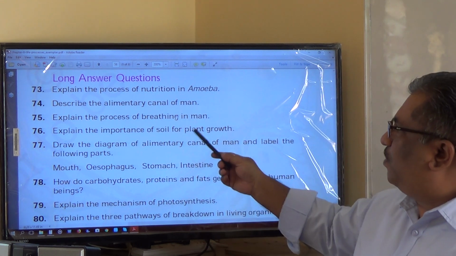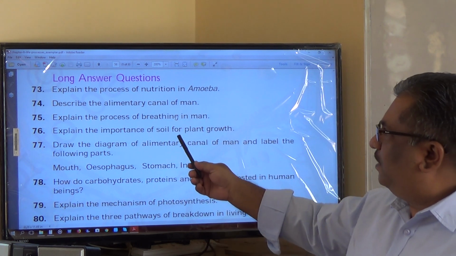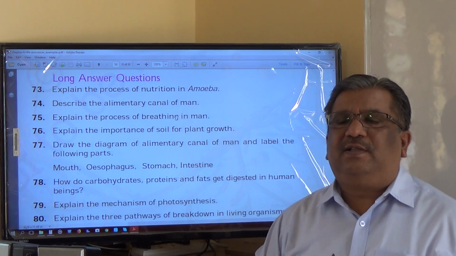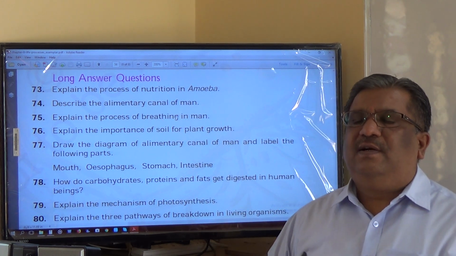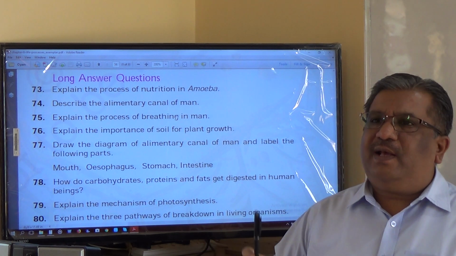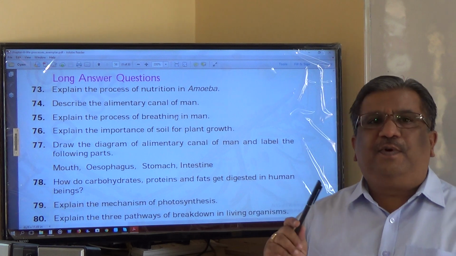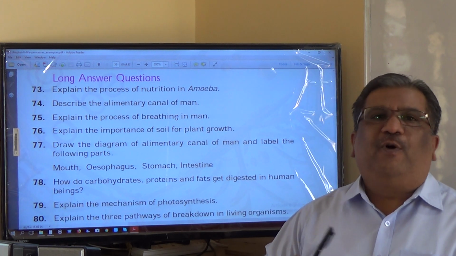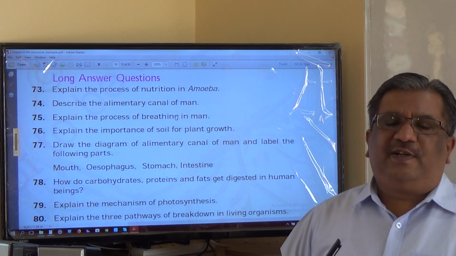Explain the importance of soil for plant growth. Very important here. The top layer of the soil contains humus, which is dead and decaying organic matter, and makes the top soil porous. Why is the porous nature required?